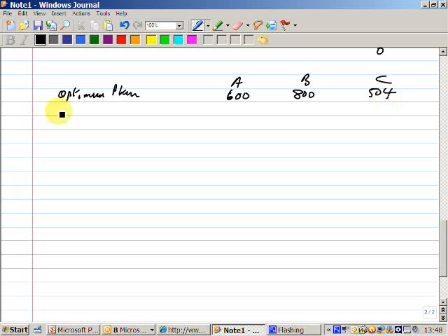That's the optimum plan to maximize profits. Okay, so if that's the plan, then let's have a look and see what the contribution would be.